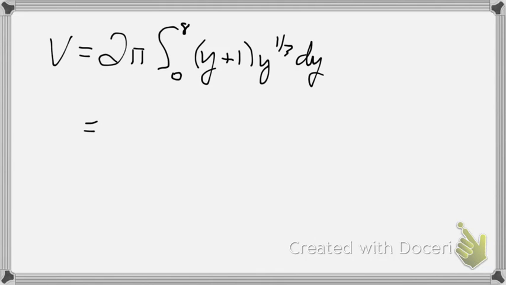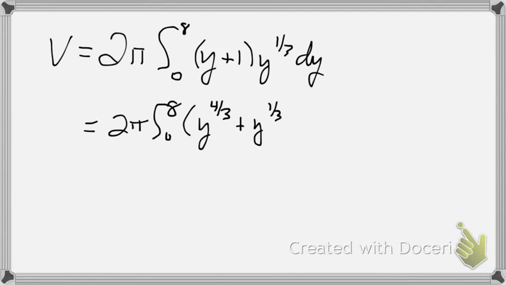All right, so we got 2 pi integral 0 to 8. I'll distribute y to the 1/3. So that's y to the 4/3 plus y to the 1/3 dy. That we can do the antiderivative of.